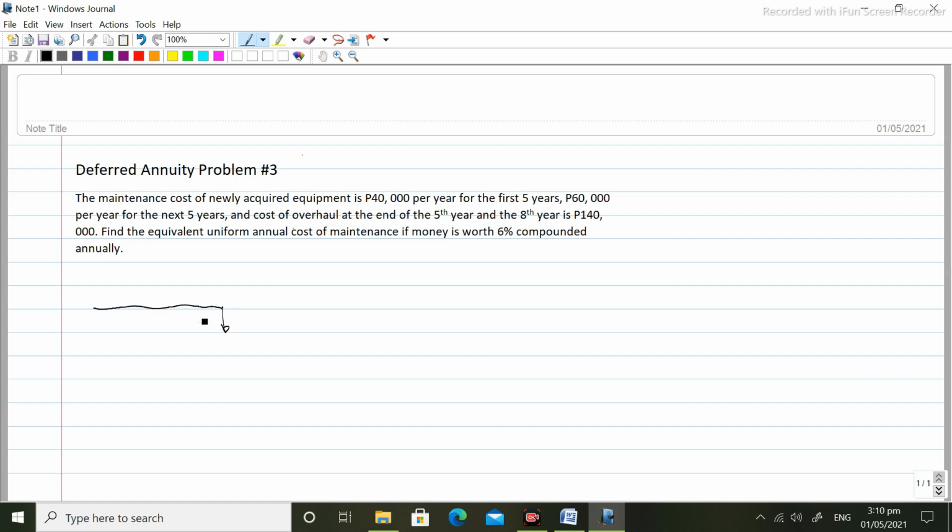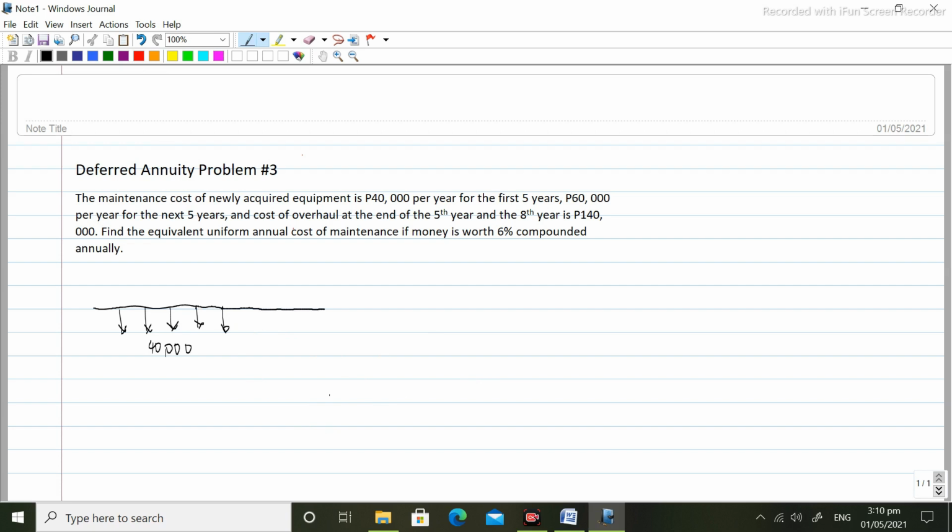Meron tayong first 5 years na 40,000. Then 60,000 per year for the next 5 years. So, magbabayad ulit ng 60,000 for the next 5 years.